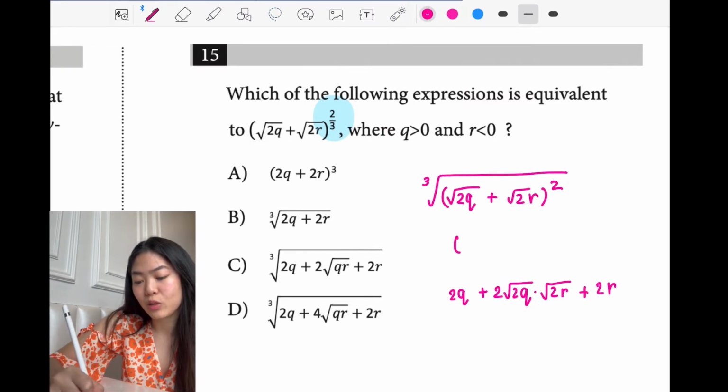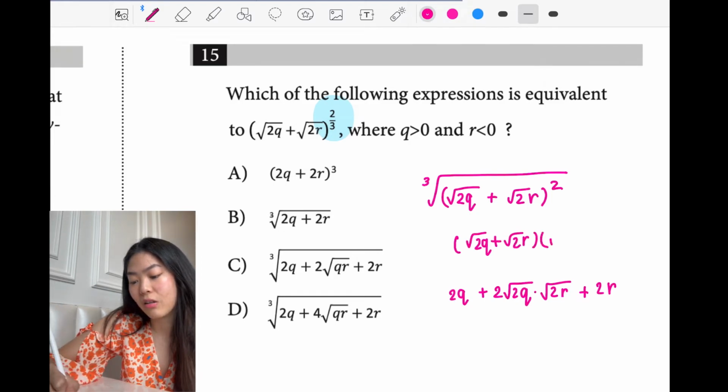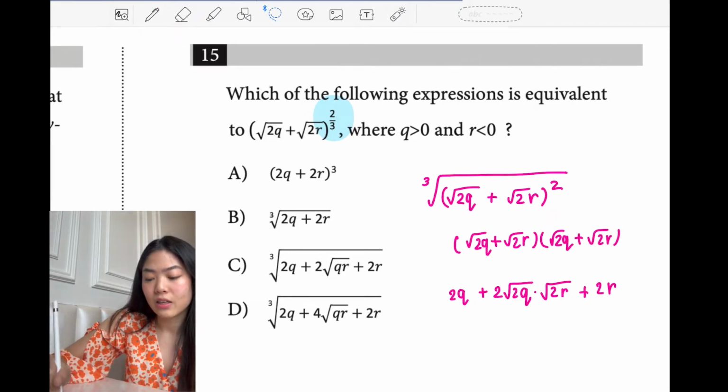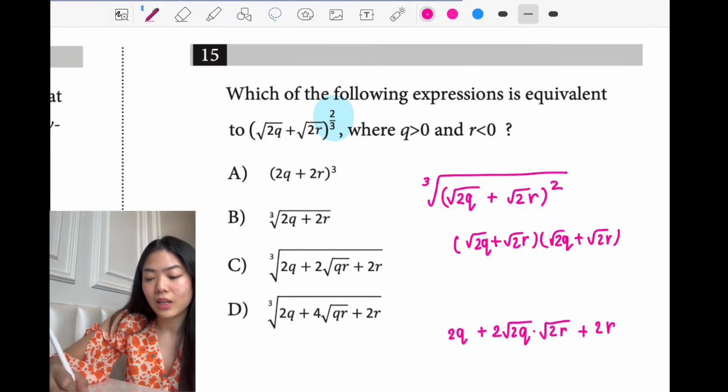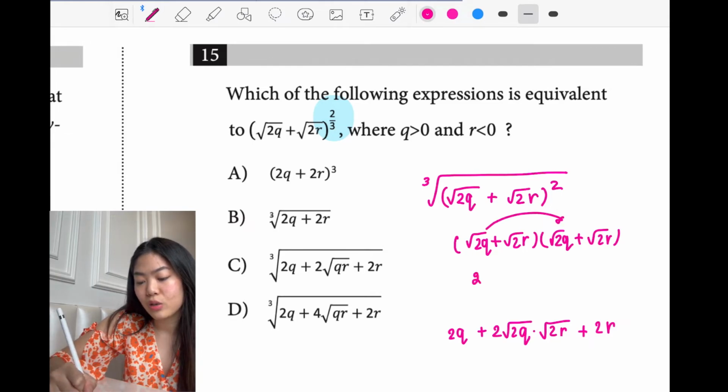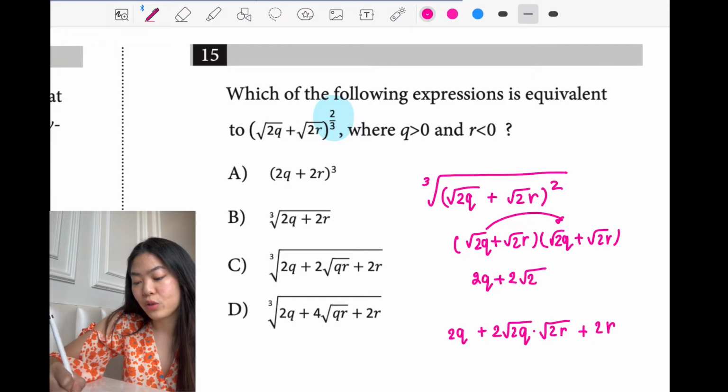So it's going to be the square root of 2q plus the square root of 2r times itself, because it's squared. It's going to be 2q plus double the square root of 2q times 2r, and then plus 2r.